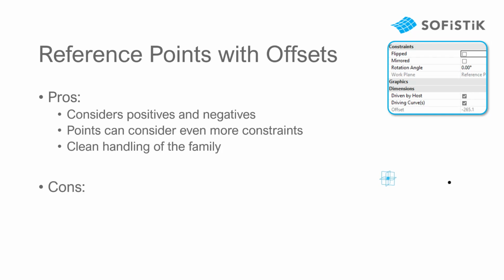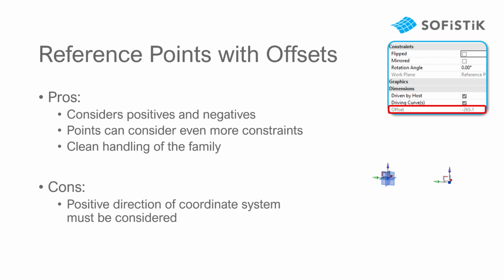On the other hand, cons. Positive direction of the coordinate system must be kept in mind and considered, meaning that both the origin point as well as the reference point created will need to consider the offset in the right direction by considering it positive or negative.